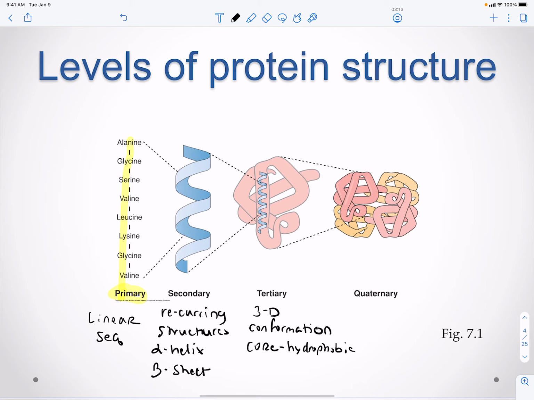So when you go back to your amino acid sequence, the more hydrophobic, non-charged amino acids will more likely become part of that core. And then we have our quaternary structure, which is a combination of 2 or more subunits, such as your hemoglobin.